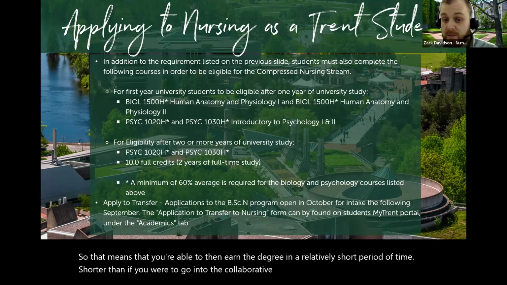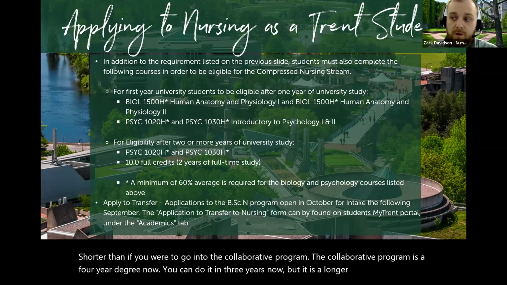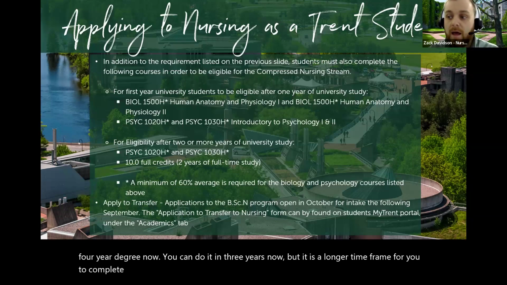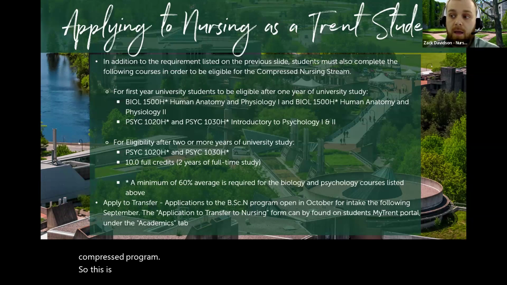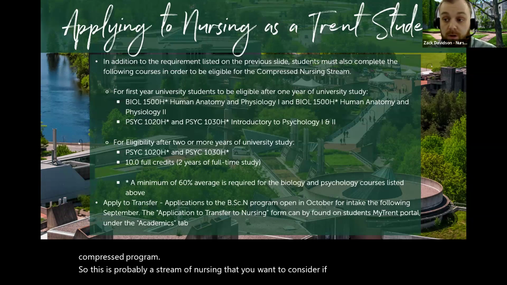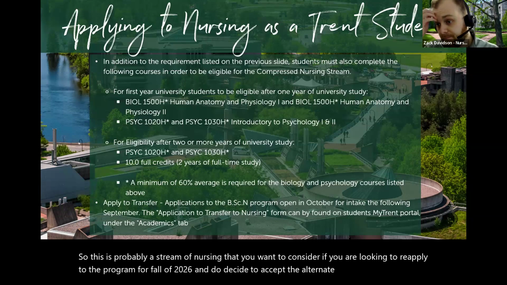The collaborative program is a 4-year degree. Now you can do it in 3 years now, but it is a longer time frame to complete the degree as opposed to going into the compressed program. So this is probably a stream of nursing that you want to consider if you are looking to reapply to the program for fall of 2026 and do decide to accept the alternate offer.